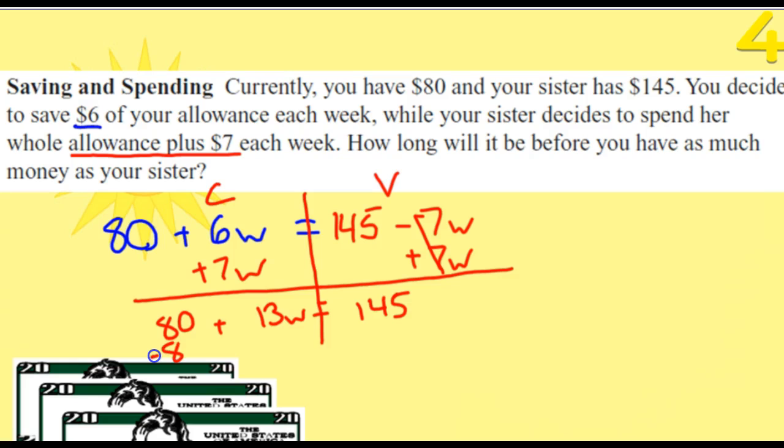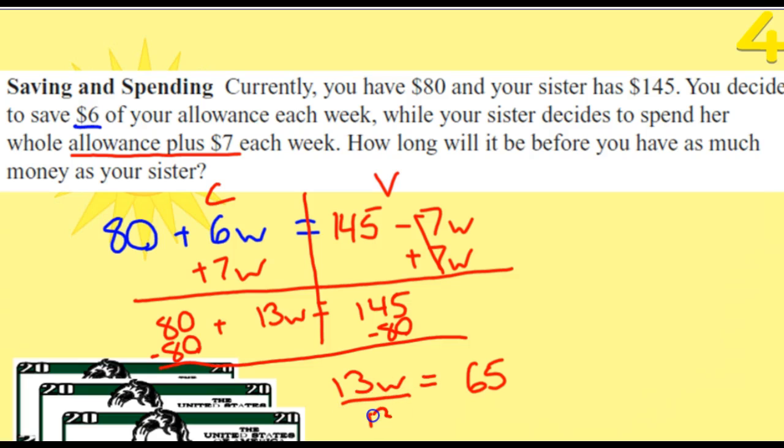I'm going to subtract 80 from both sides. So we get 13W equals 145 minus 80. That gives us 65. So 13W equals 65. The last step is to divide 65 by 13, and we get W equals 5.